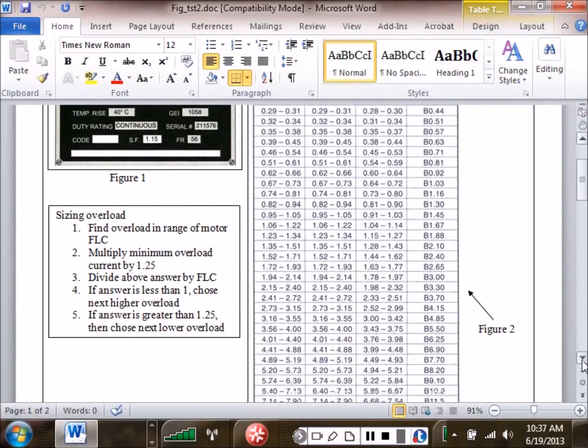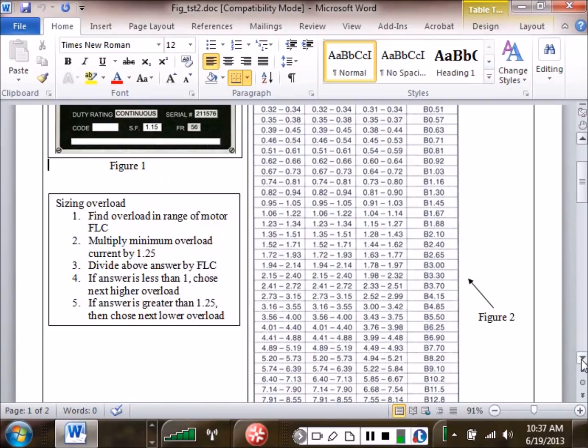Now, normally with single phase, single voltage motors, you're not going to have to worry about overload. You do not size the overload. And why is that? Because the overload is going to be built into the motor.